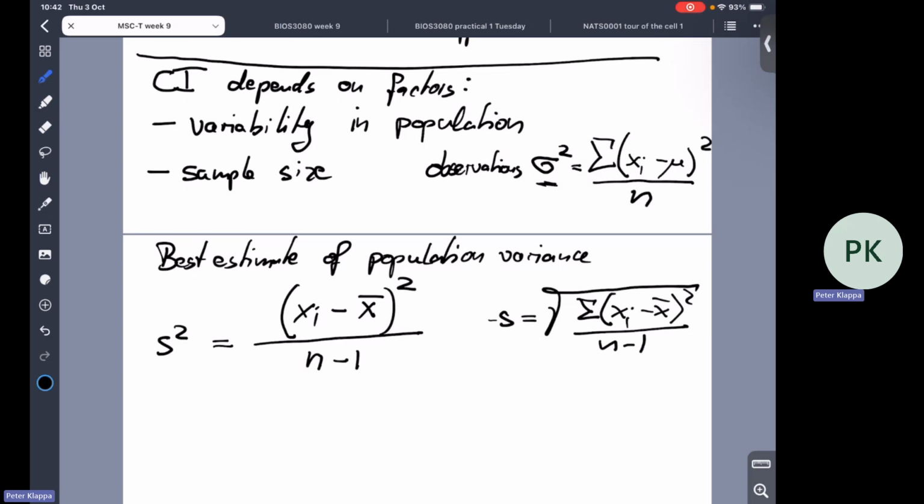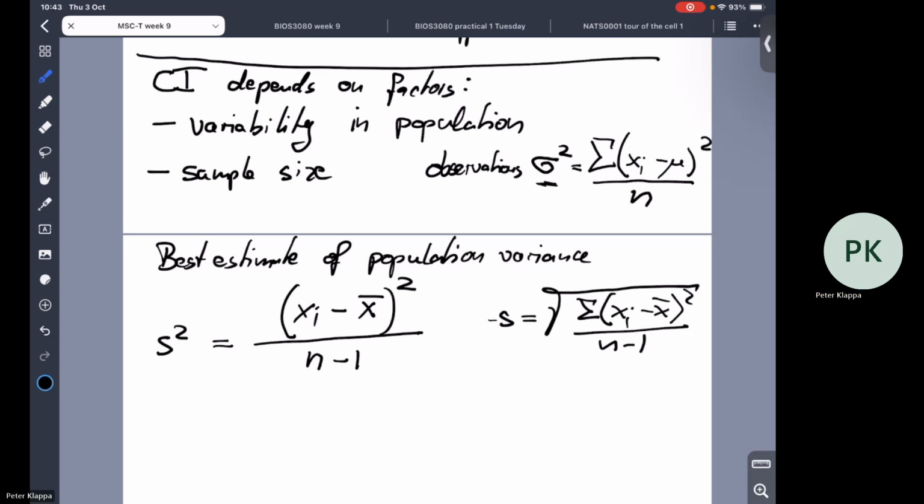What you see are these two equations here. One is for the observations where you divide by n, because there's sort of no uncertainty in it anyway, and one where you divide by n minus 1, that is where you make an estimate.